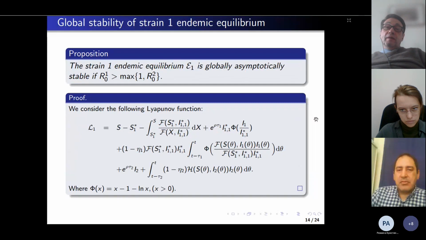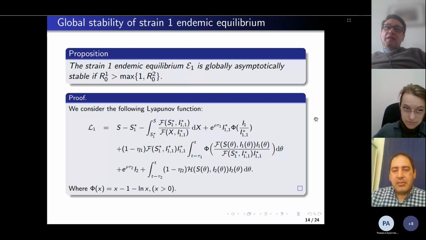Yes, so they're quite complex. How could you find such complex expressions for Lyapunov functions? Was it partially in some previous works, or because to discover such Lyapunov functions, it's not at all obvious?